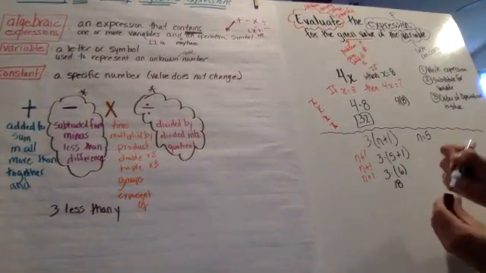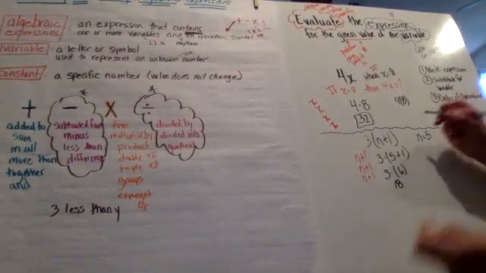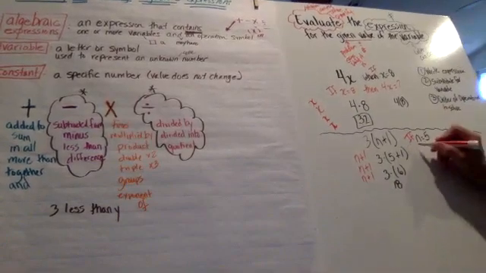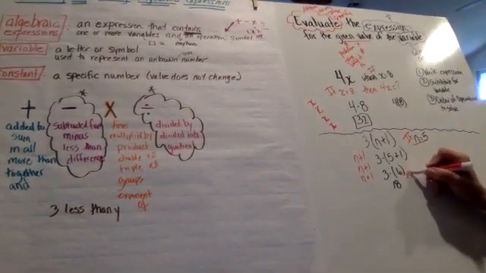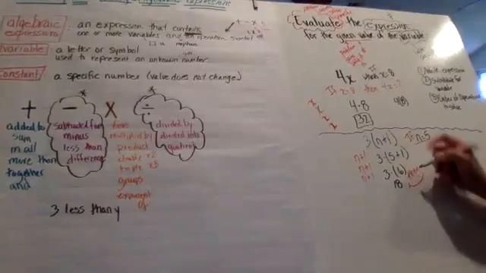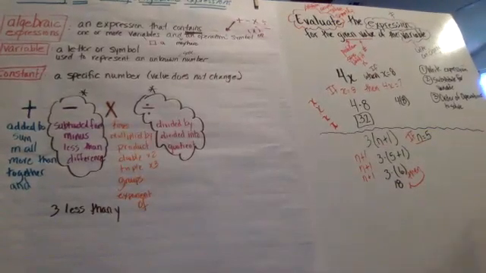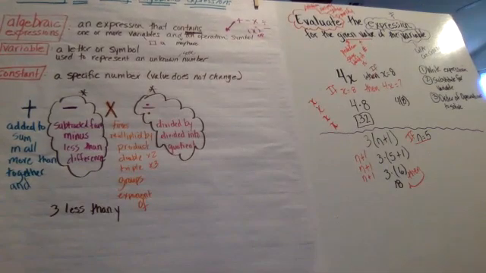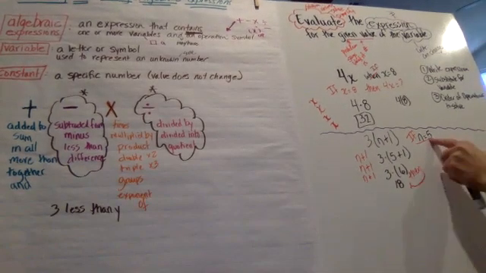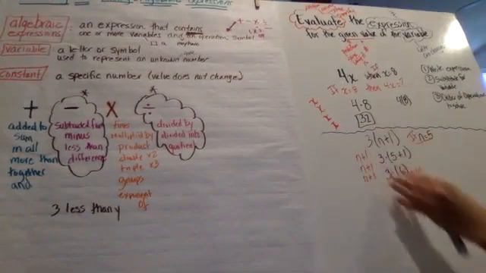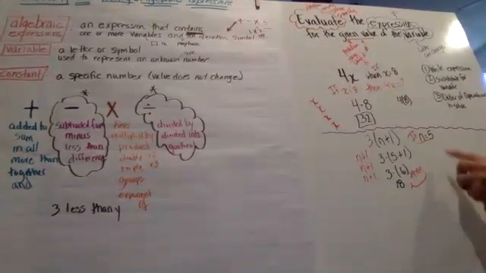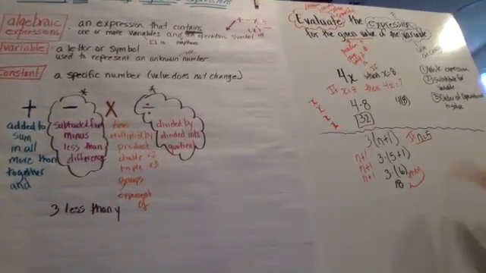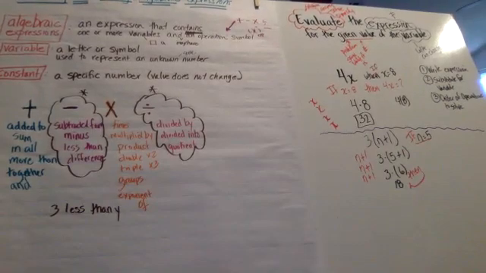So if n is 5, then 3 times the quantity of n plus 1 is 18. If n were something else, then it would be something else. So I'm just evaluating this expression when n is 5. It would be a different answer when n is a different number.